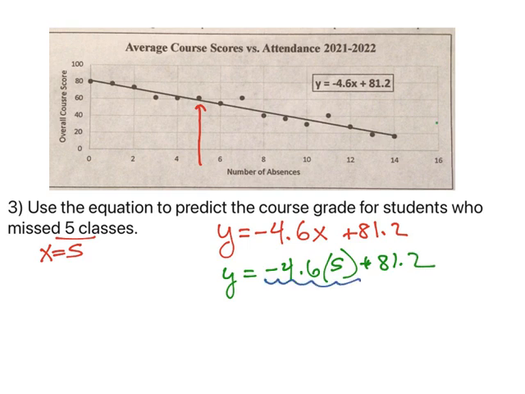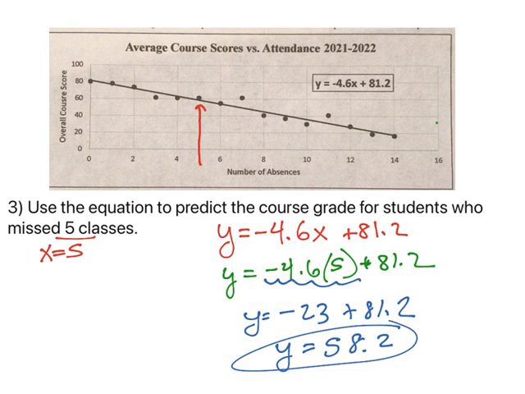So what is negative 4.6 times 5? Well, that is negative 23. So I have y equals negative 23 plus 81.2. We would expect someone who misses 5 classes to score a 58.2 as an overall course grade.